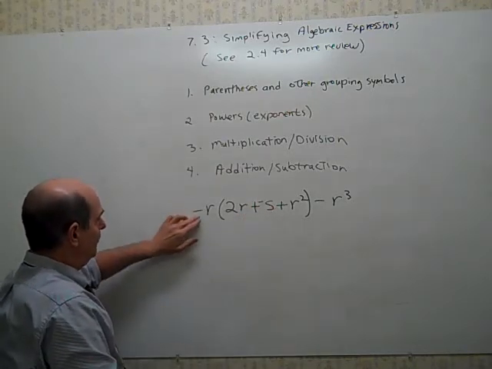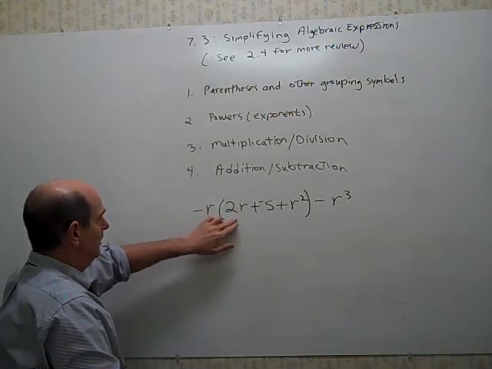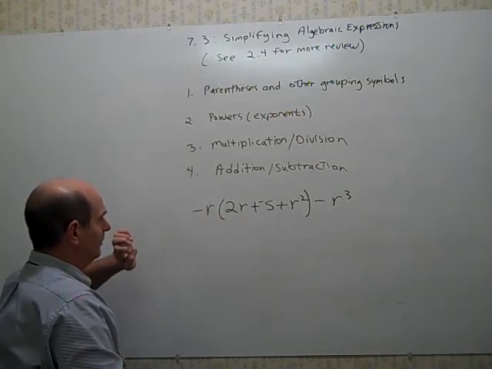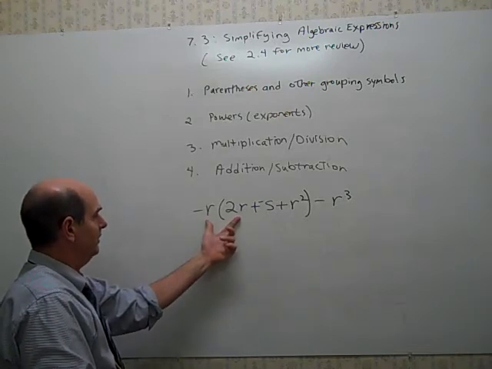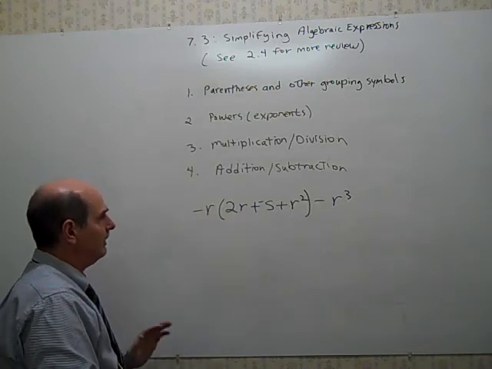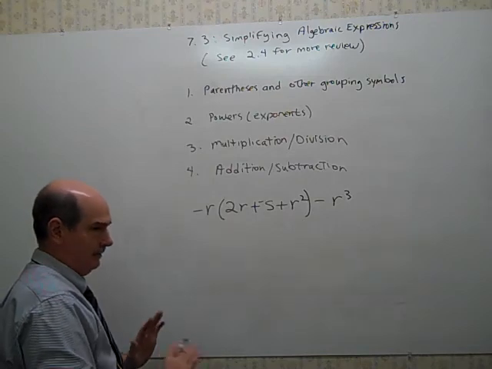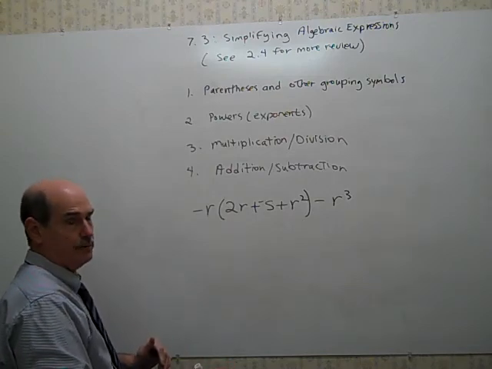Then we have the opposite of r times 2r. Now I think I would allow you to just write down the product, but for the sake of clarity, I'm going to write it out in a longer manner so you can follow a little bit better.